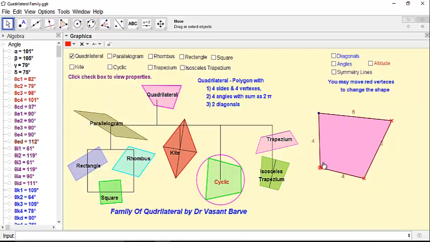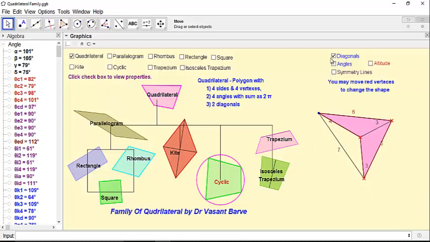Now if by chance I move this in this fashion, where one of the angles is known as a re-entrant angle, or an angle which is more than 180 degrees, then we call this type of quadrilateral a concave quadrilateral. All other quadrilaterals are known as convex quadrilaterals. Now here the peculiarity is that one of the diagonals is going to lie outside the area of the quadrilateral.